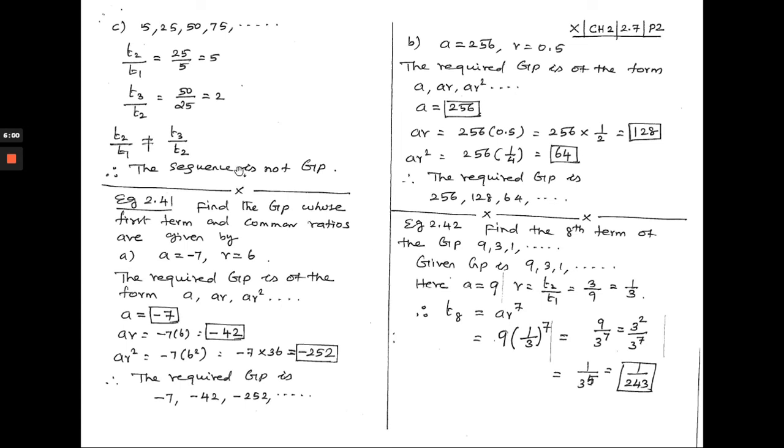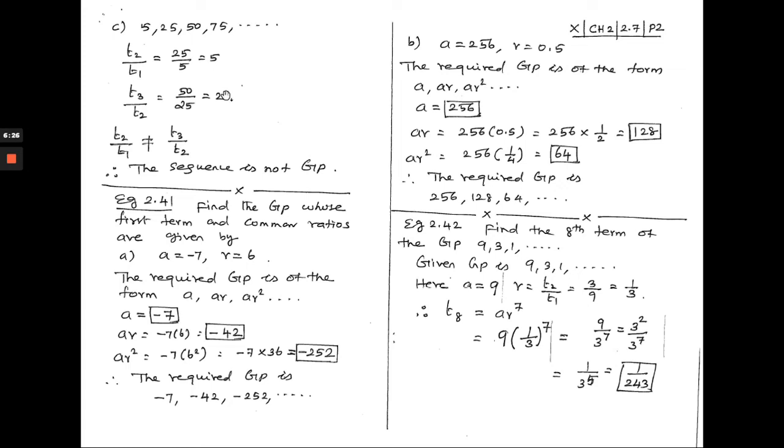Next, the third sum, 5, 25, 50, 75, etc. Check whether the given sequence is in GP or not. Second term divided by first term is 25 by 5, equal to 5. Third term is 50, second term is 25, 50 by 25 is equal to 2.